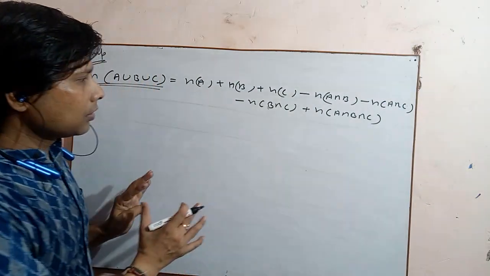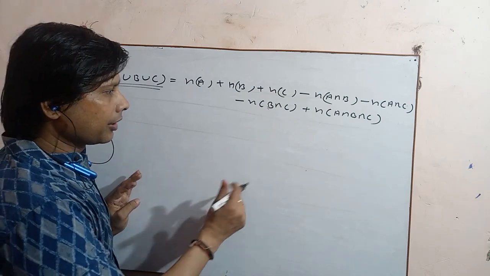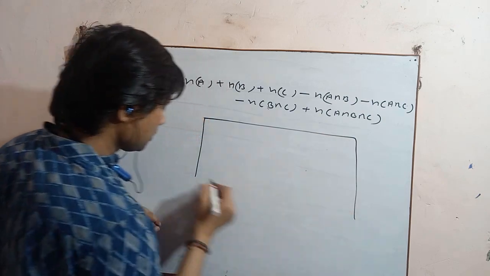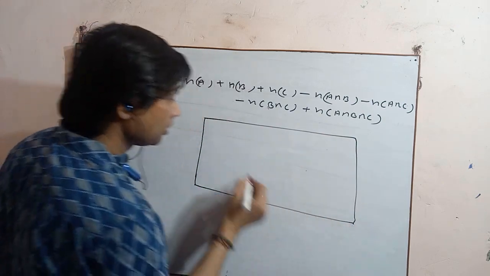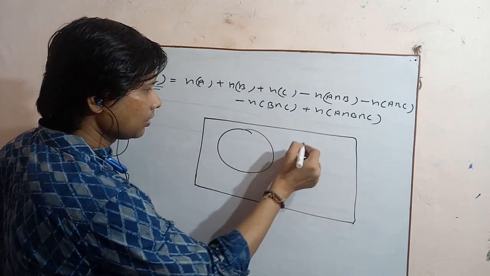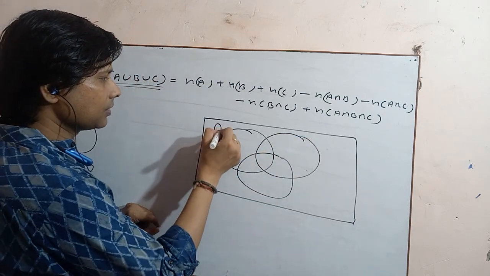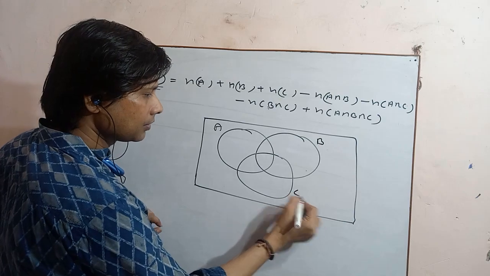So look at this in the form of Venn diagram. Suppose I have taken one universal set over here like this way, and the three sets I am taking now like this way. This is A, this is B, and this is C.